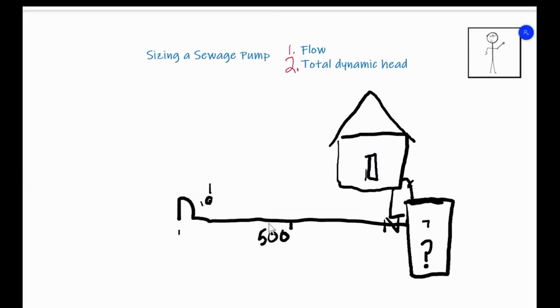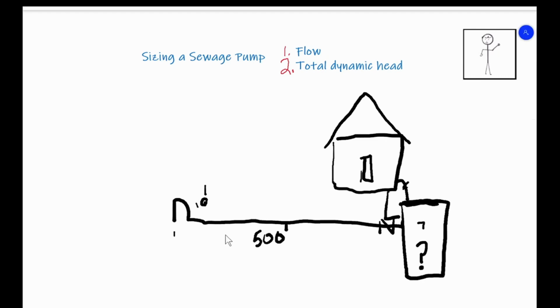Let's go back over to my pipe here. My 500-foot run plus my check valve plus my, what was it, the elbow. All that together is 7 feet of friction loss. Here, FL stands for friction loss.